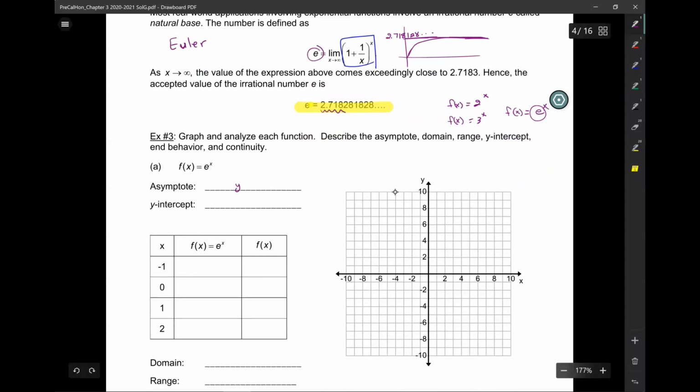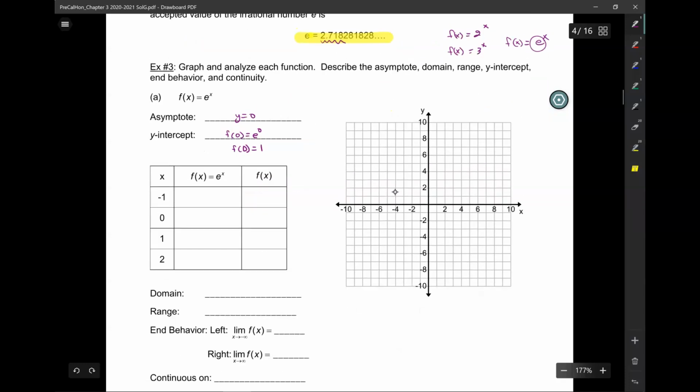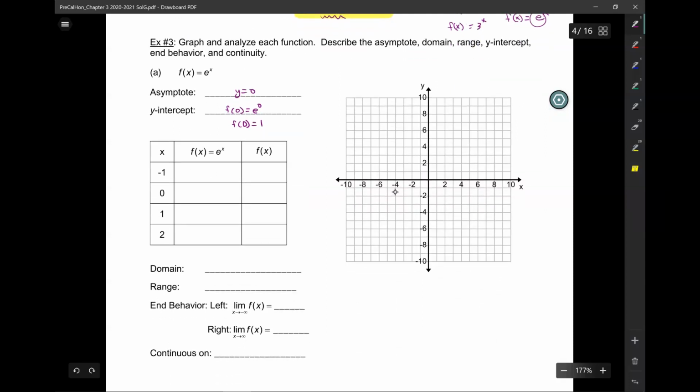The asymptote, again, is y = 0. The y-intercept, f(0), is e^0, so 1 again. Okay, e^x is growth, so I pick these values again. So I have e^-1, e^0, e^1, e^2, and that'll be 0.4, 1, 2.7, 7.4.